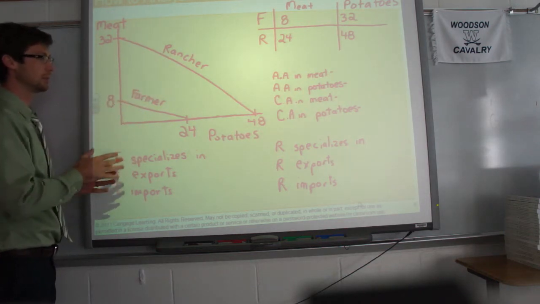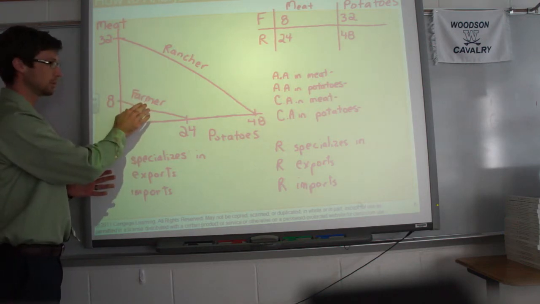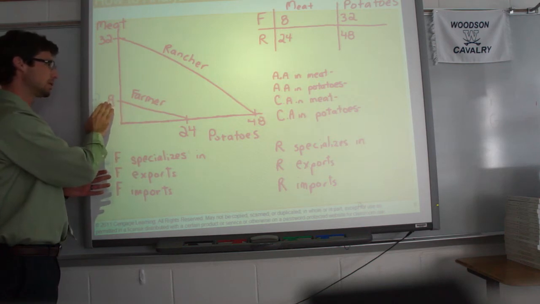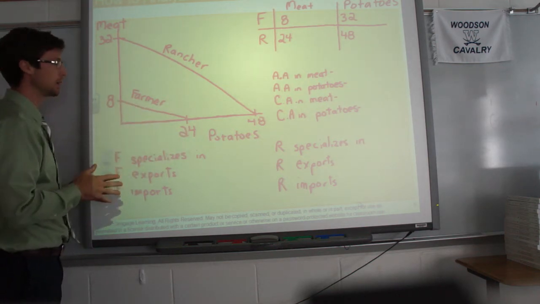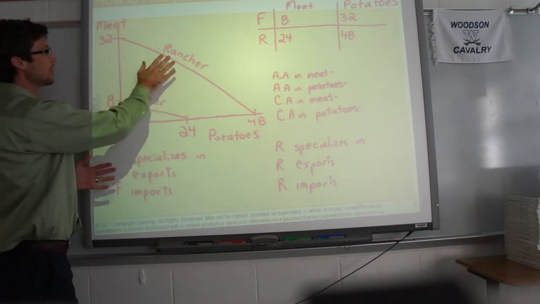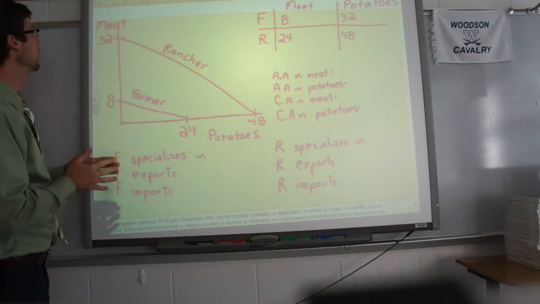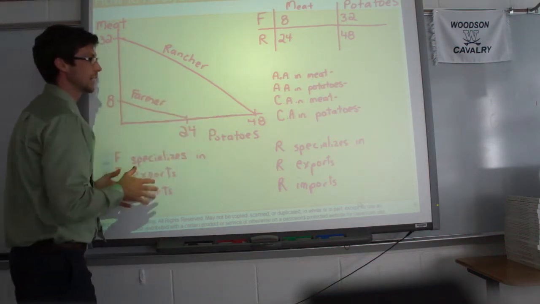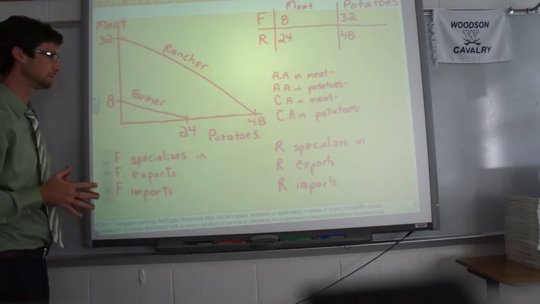These lines represent what the farmer can produce, meat and potatoes, if it devotes all of its time to meat, or if it devotes all of its time to potatoes, or if it splits it. You'd be anywhere on this line. The rancher, it's shown here, the production possibilities frontier for him or her. If they devote all their time to meat, 32, devote all their time to potatoes, 48, or they can be at any combination in between.